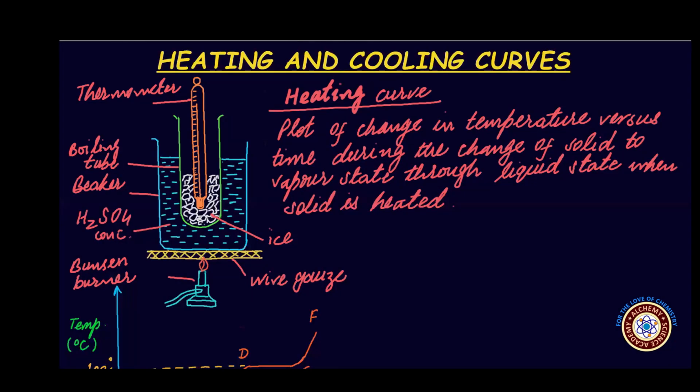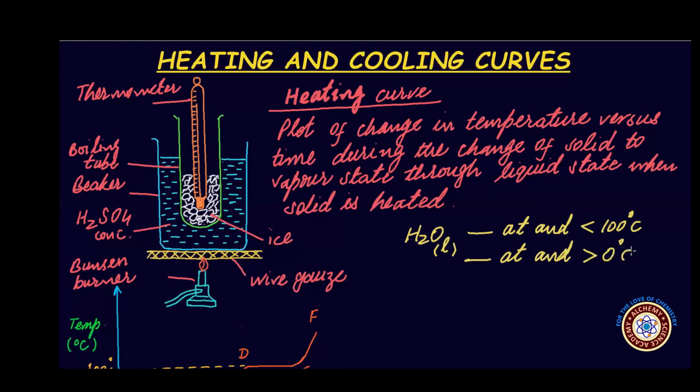Now it is a scientific fact that liquid water exists at and below 100 degrees Celsius and at and above 0 degrees Celsius. Similarly, steam, which is the gaseous state of water, exists at and above 100 degrees Celsius.